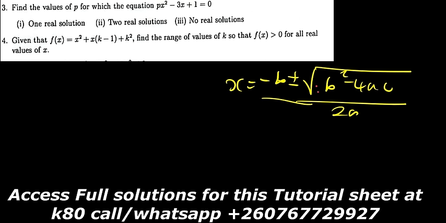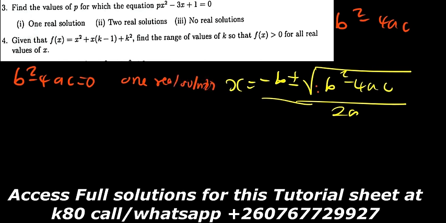So in the square root, we have b squared minus 4ac. If b squared minus 4ac is equal to 0, then we are going to have one real solution.